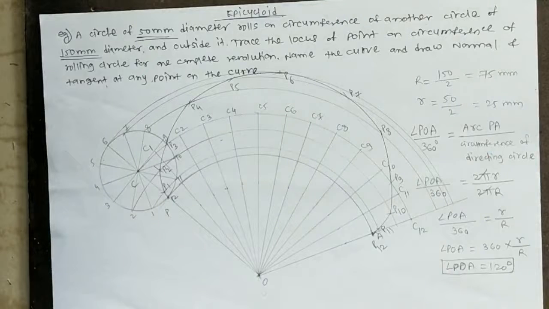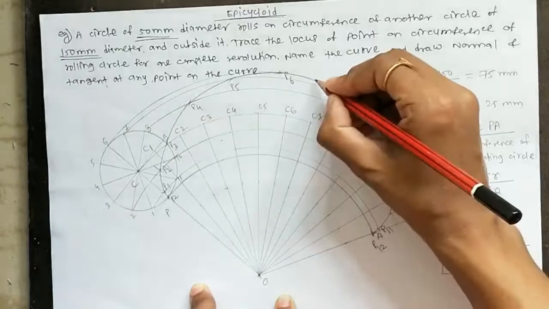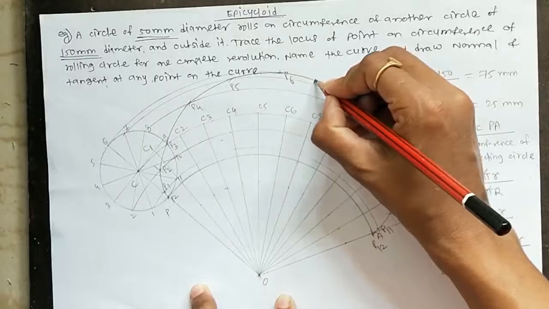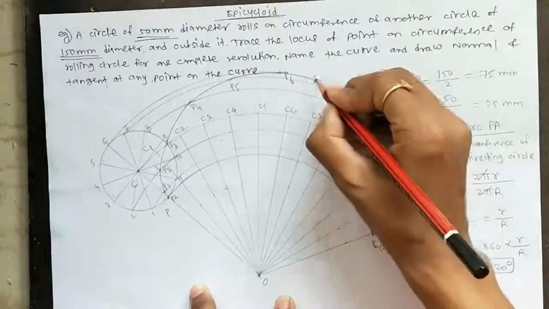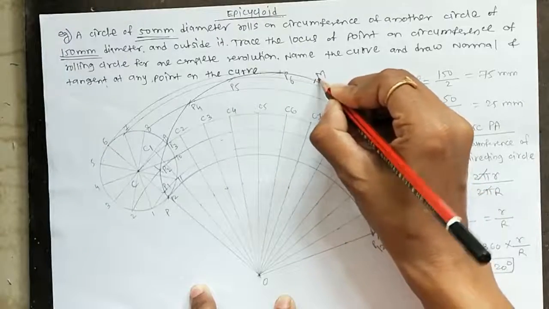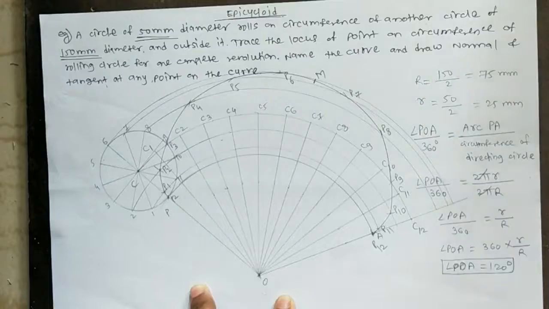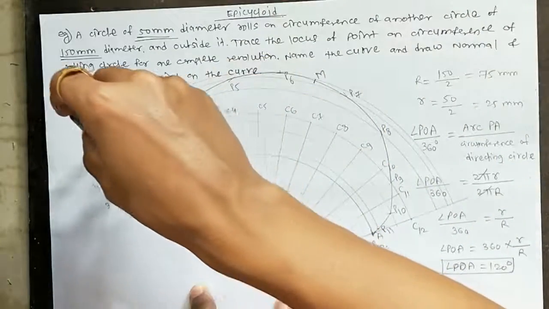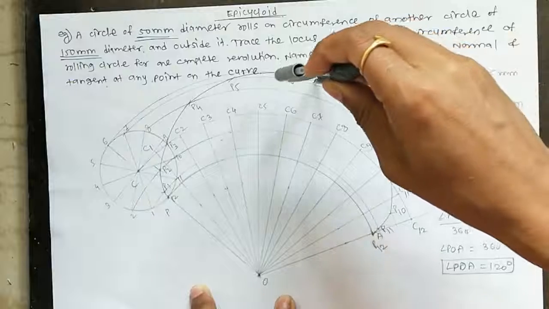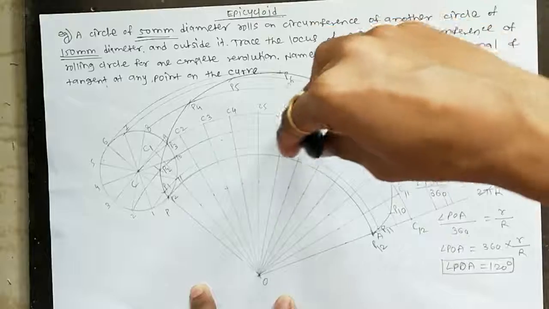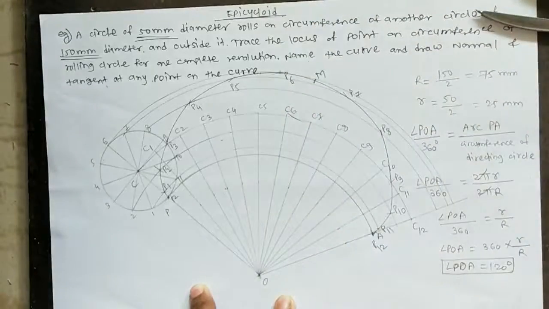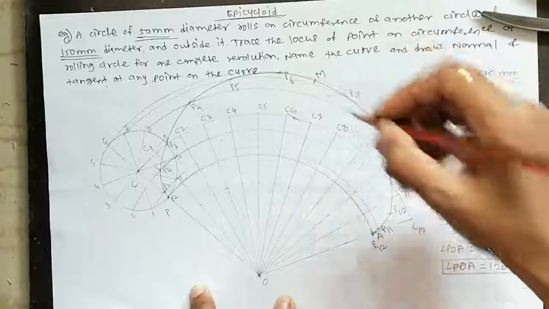The next procedure is how to draw normal and tangent at any point on the curve. So first of all, take any point, say point M on the curve, and take distance of rolling circle, that is 25 mm, and draw an arc on this curve. So the arc is here.